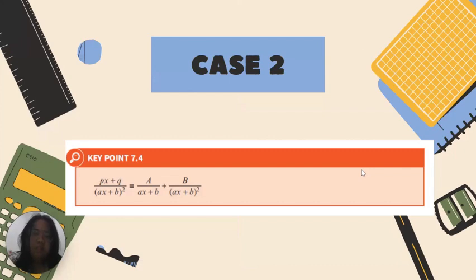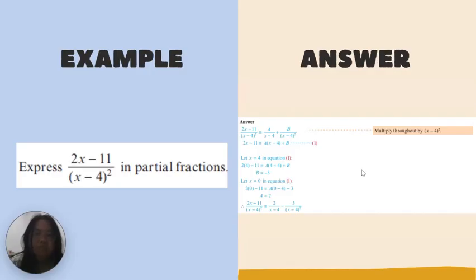Next is case 2. If we encounter a problem like this, that means it is case 2. Just like case 1, it is the same method with only different partial fractions, which means we only make a different denominator for the partial fractions.